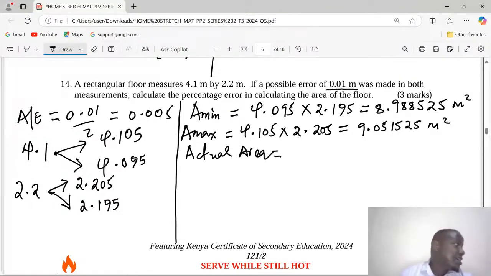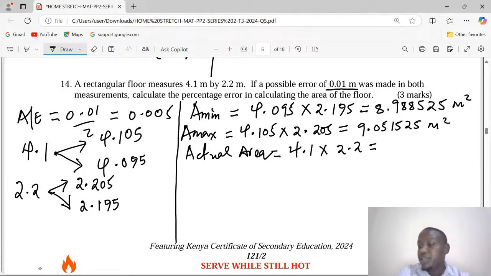Then there is actual area. Actual area is when we take the dimensions as they have been listed, the length by width, 9.02 square meters.